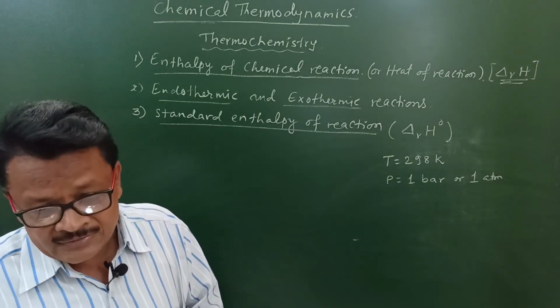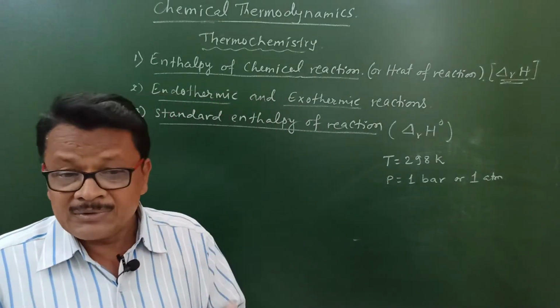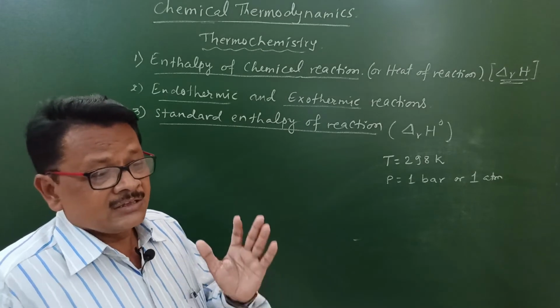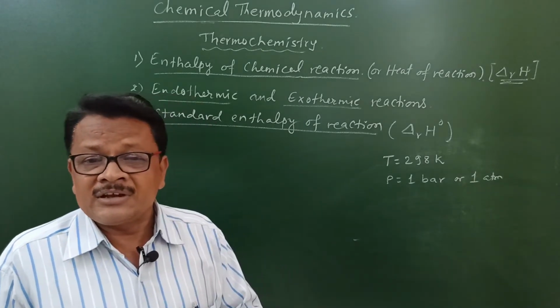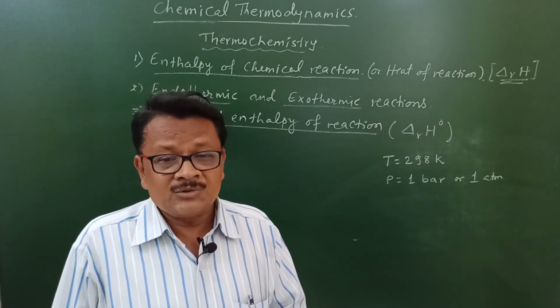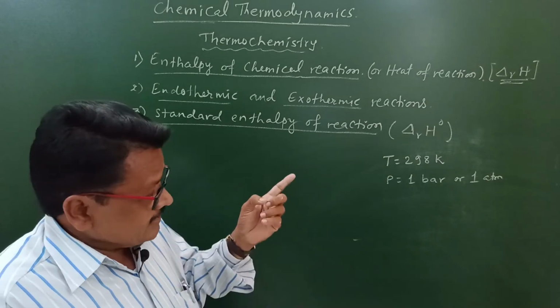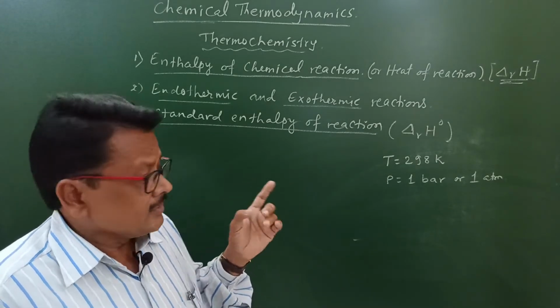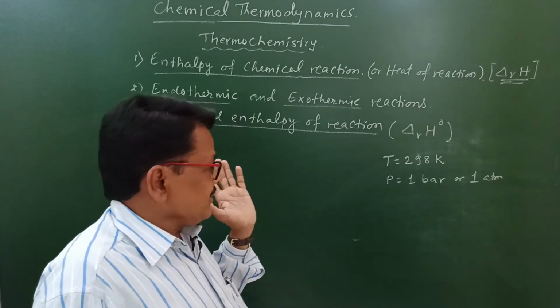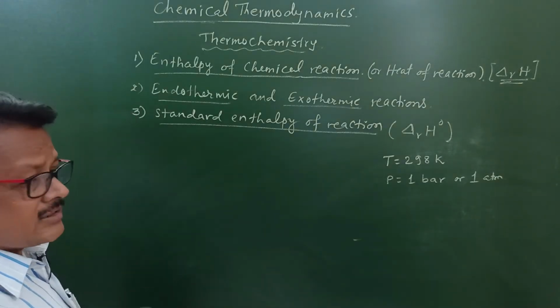It is the enthalpy change taking place during a chemical reaction when the reactants and products are present in their standard states. We have already seen what the standard states are: temperature is 298 Kelvin and pressure is 1 bar, which are known as standard conditions.